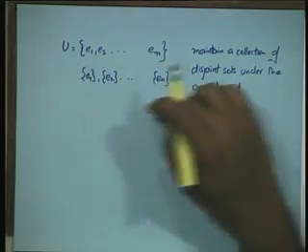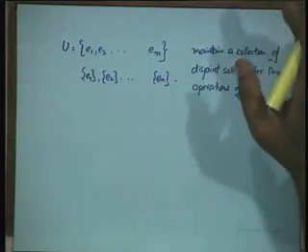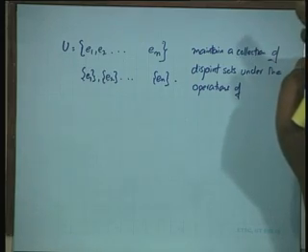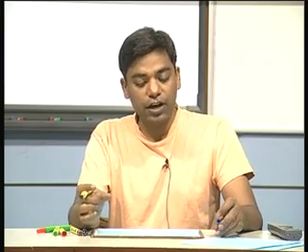What do these elements correspond to in the case of Kruskal's algorithm? What are they initially? Initially, what are E1, E2, E3? These would be the vertices, the initial vertices. Now, what are the operations that we have to do on this collection of disjoint sets? One operation is union.